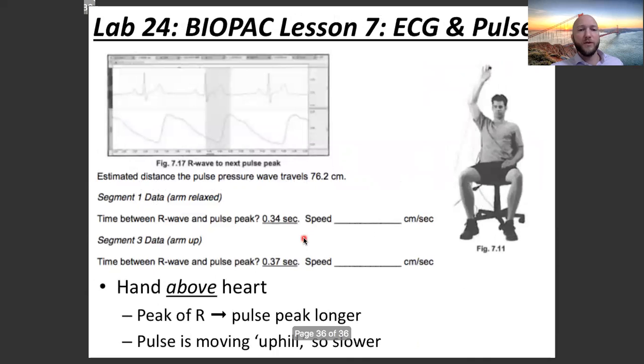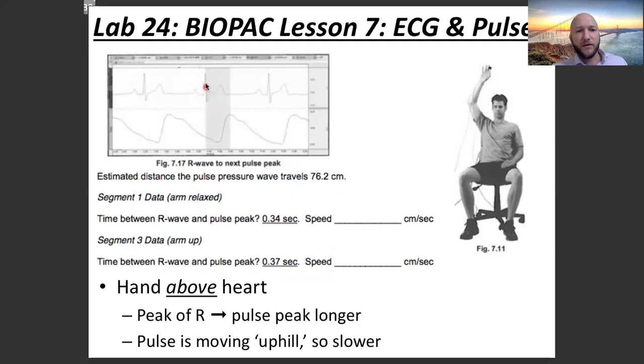All right, there's one more thing I want to point out. Does the contraction of the heart happen at the same time that you experience the pulse pressure wave at the distal part of your finger? So let's look at the data.